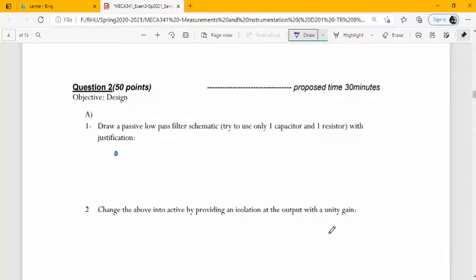So we have the V input, resistor R1 and capacitance C1 connected to the ground, and this is V out. The impedance of the capacitor is 1 over j omega C1, and the impedance of the resistance is R1.